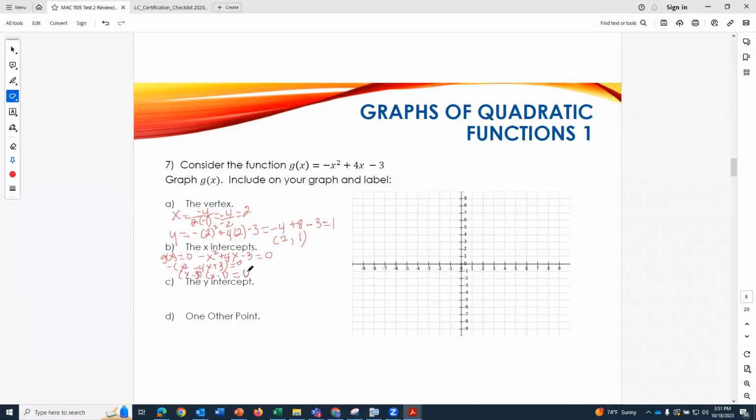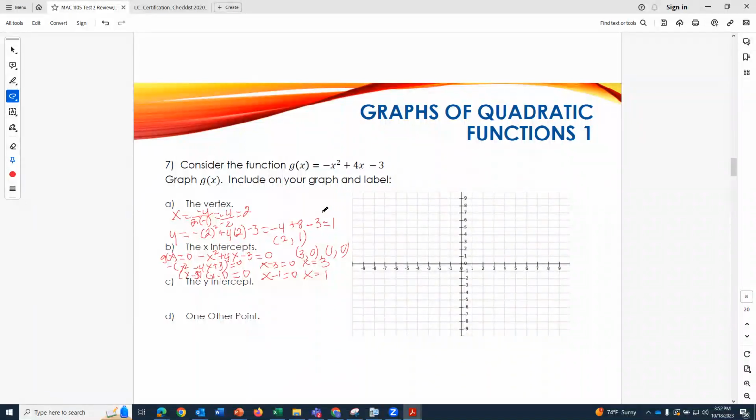We set each one to 0: x minus 3 equals 0, so x equals 3, and x minus 1 equals 0, so x equals 1. The x-intercepts are 3, 0 and 1, 0. Remember, x-intercepts are points, ordered pairs.